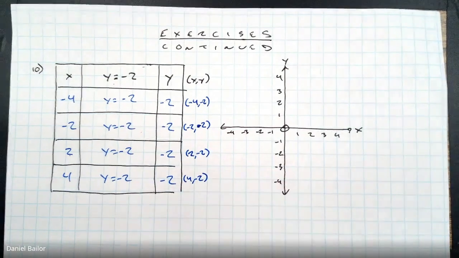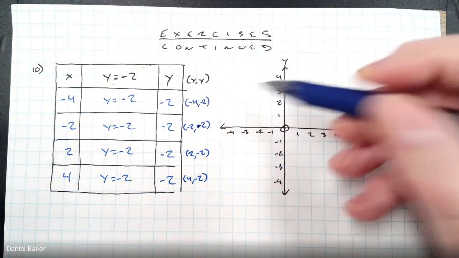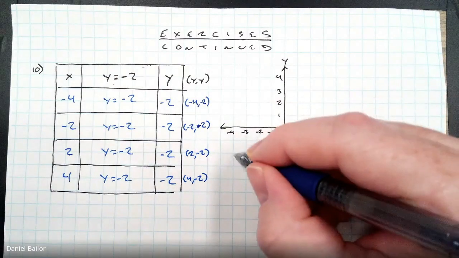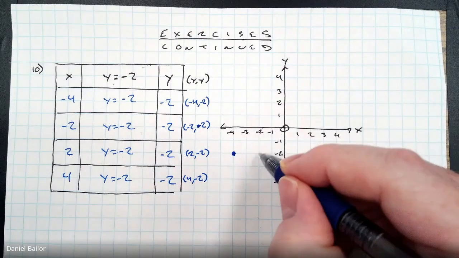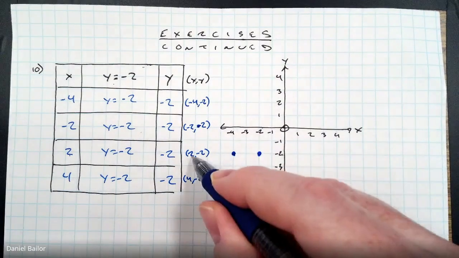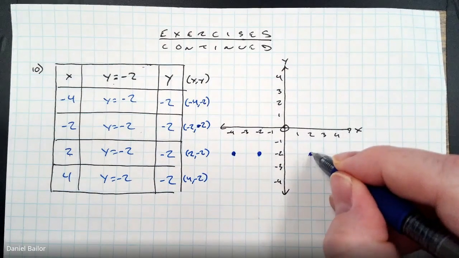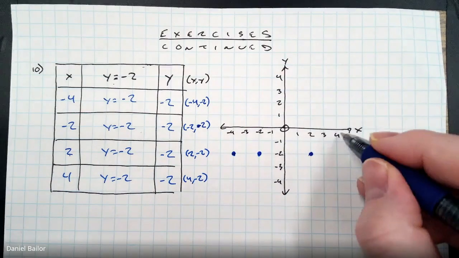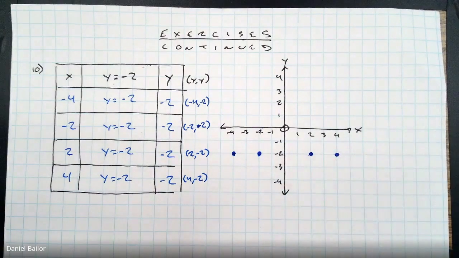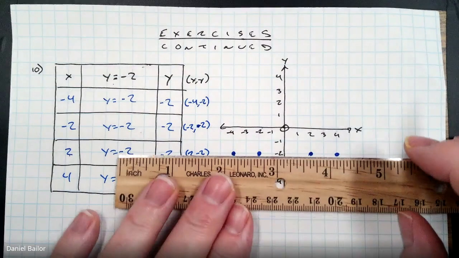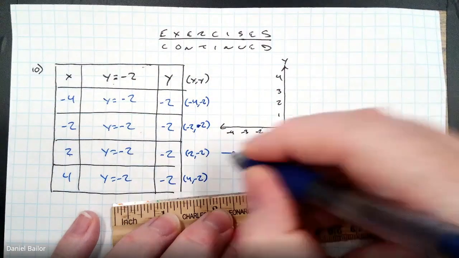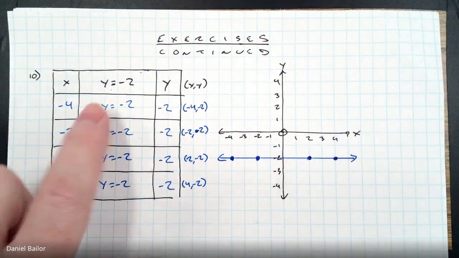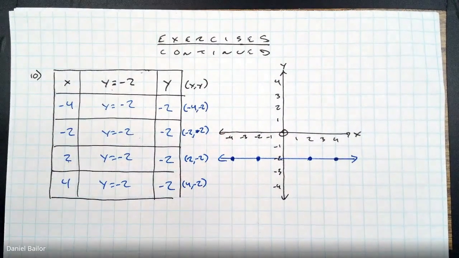Okay, let's put those. X is -4, y is -2. X is -2, y is -2. X is 2, y is -2. X is 4, y is -2. Well, look at that. Just like we said in our takeaway. There's no x, so we get a horizontal line.